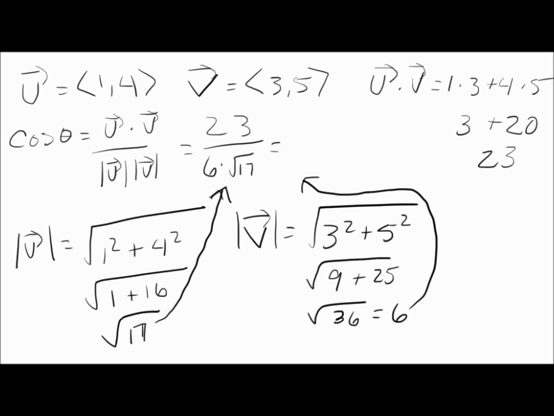Actually, it's going to be easier if we just don't simplify it. I'm going to go ahead and clear the page, and we're going to start a new page. So we know that cosine theta equals 23 over 6 times the square root of 17. Okay, so let's just leave it in this form instead of getting a decimal number.